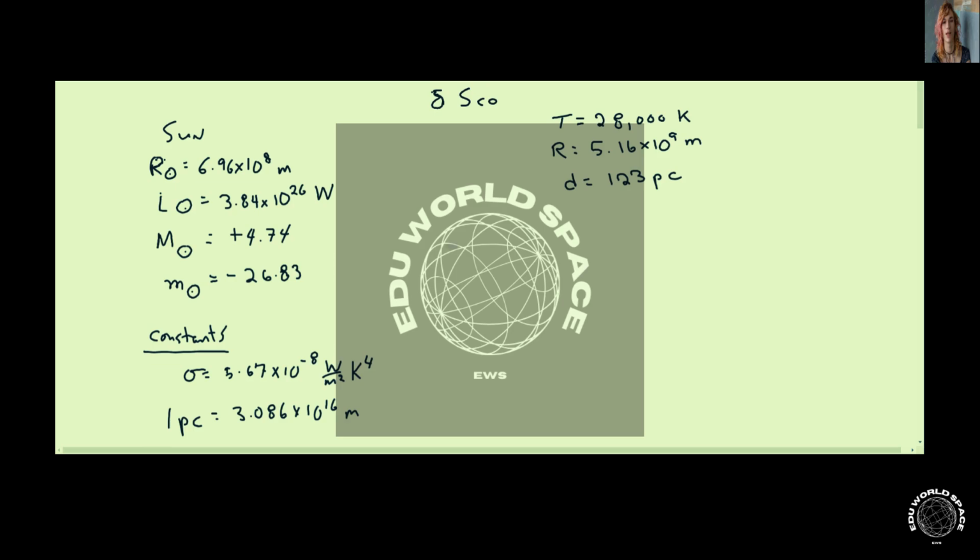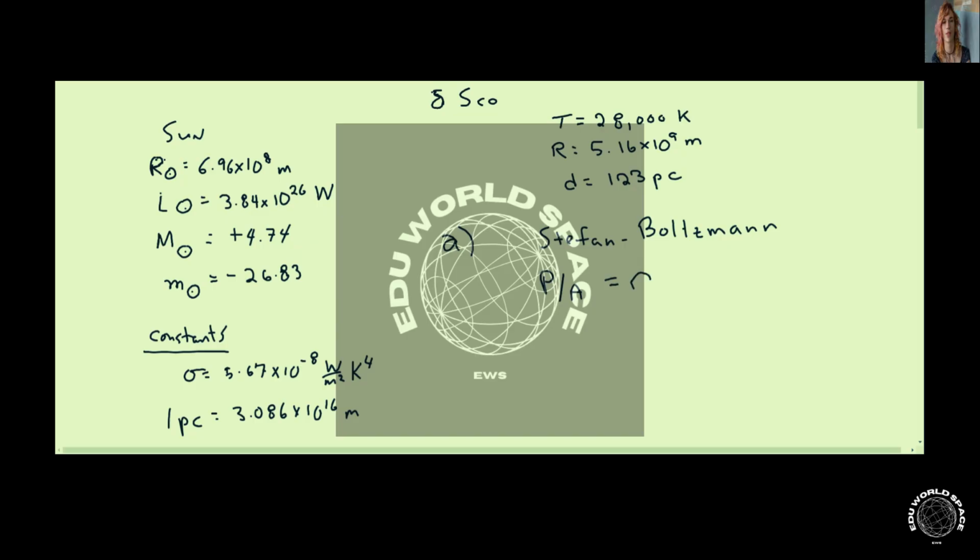So the first thing that we'll do is going back to basics, using the Stefan-Boltzmann law, which is actually a thermodynamic relationship that tells us the amount of power per unit area being emitted by a blackbody.